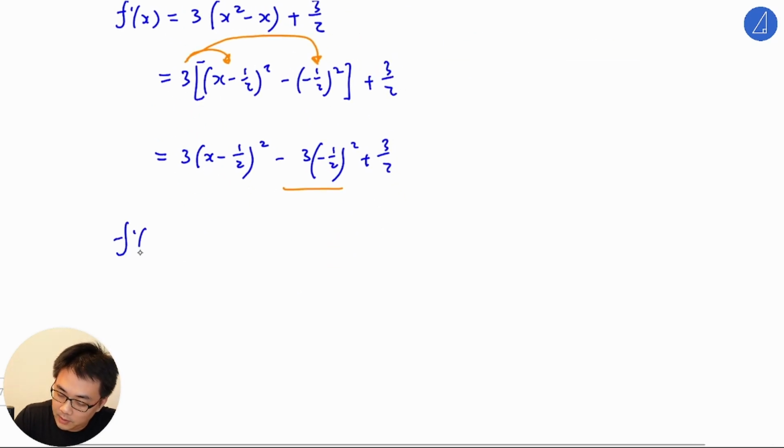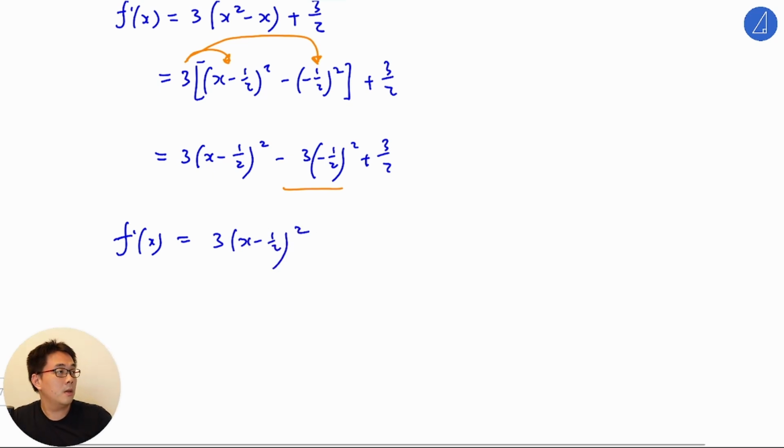So f prime x is equals to 3 times (x minus half) squared plus 3 over 2 minus 3 over 4.